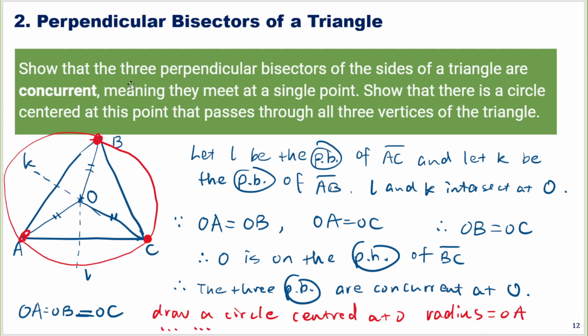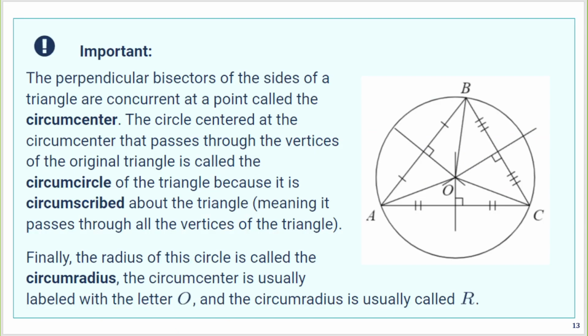So this example shows us the following important property. The perpendicular bisectors of the sides of a triangle are concurrent at a point. This point is called the circumcenter.